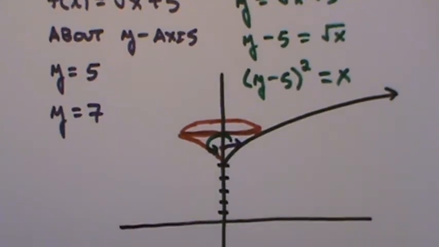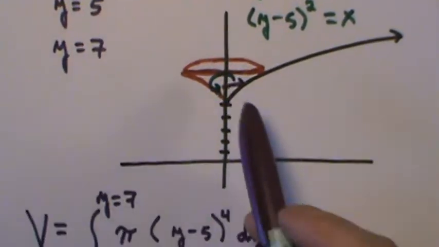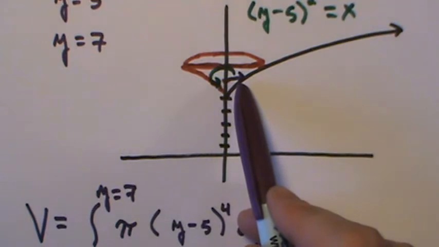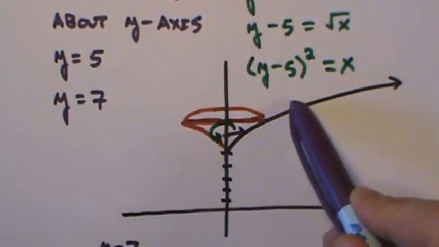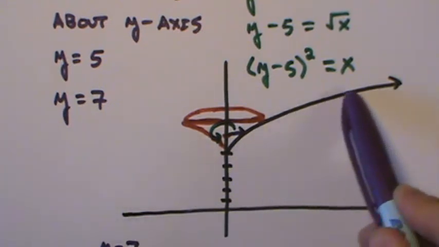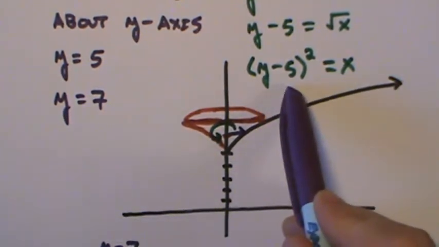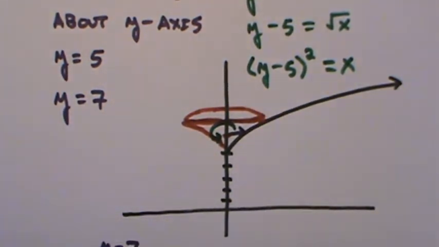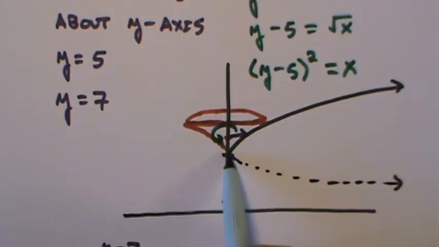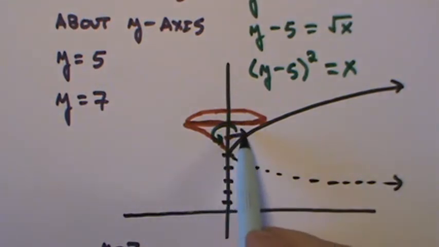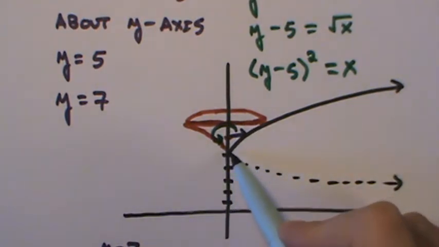Now, that may get a little bit confusing because when you look at this, you're going to be like, well, doesn't that mean 4th dimension? It's not really a 4th dimension because this curve here that you see, this black curve, is defined by something that's already been squared. It's simply a parabola that's been kicked over on its side, and I'm only worried about this distance from 5 to 7. This is defined as my function.